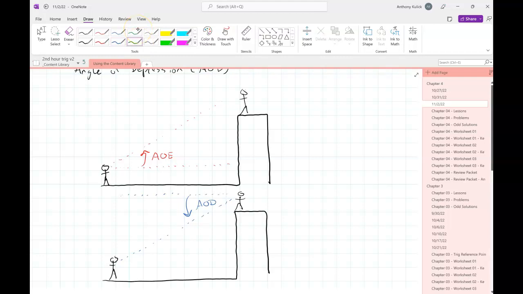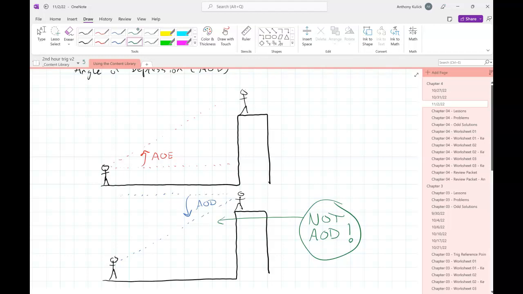I'm going to say this now, because probably 2/3 or maybe more of us are going to consistently get the angle of depression wrong. Your instinct is going to be you're going to want to put the angle of depression there. It does not go there. It does not go between the vertical and the person.